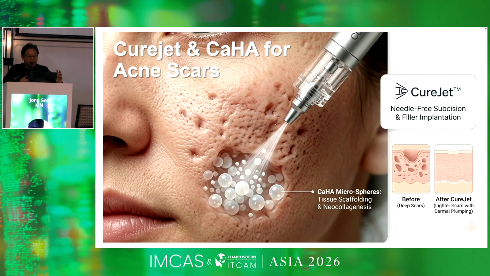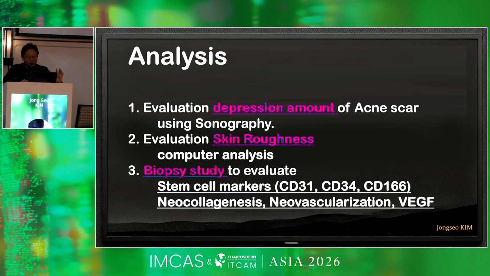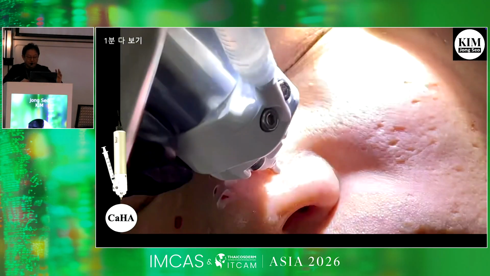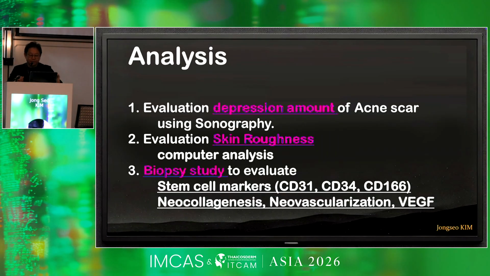Next, I would like to introduce the needle-free injector and CAHA for acne scar. For evaluation, first I used the ultrasound to measure the scar depth, and then second I used the 3D analysis for the skin surface.